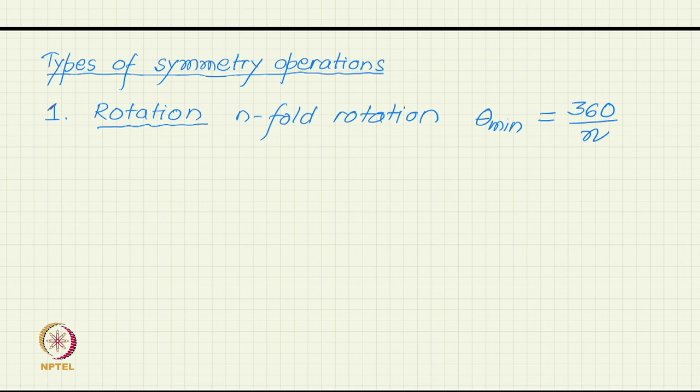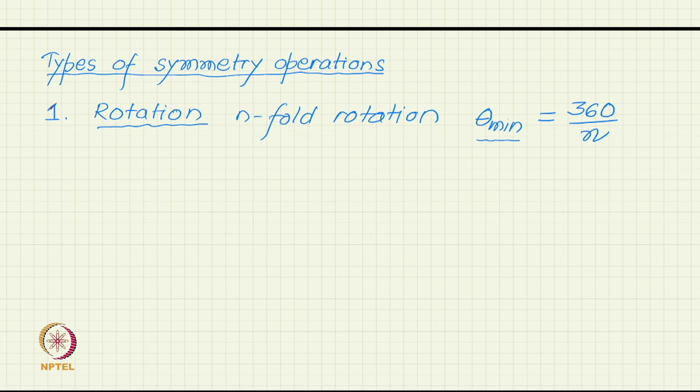Minimum is required because if it comes into coincidence by 90 degree, 90 degree applied 2 times is 180 degree, and in 180 degree rotation also it will come into self coincidence. So, a square comes into self coincidence by 180 degree rotation also. If you are not specific about theta min, but just theta, you will say 360 by 2 is equal to 180 degree.